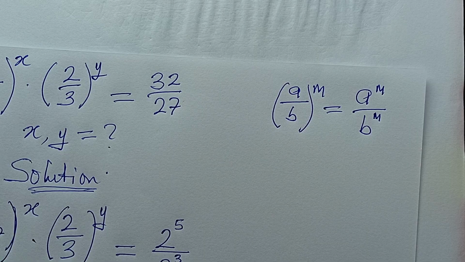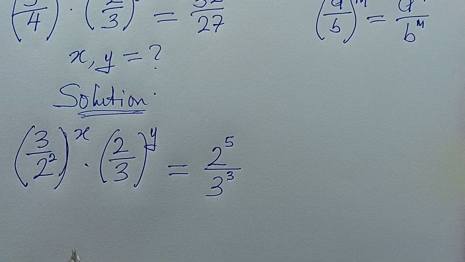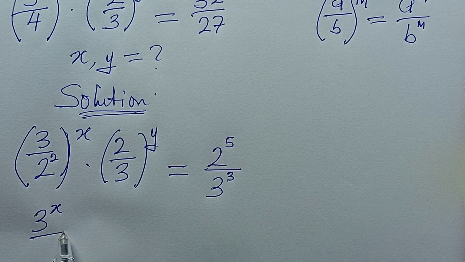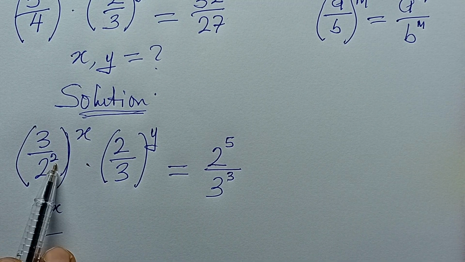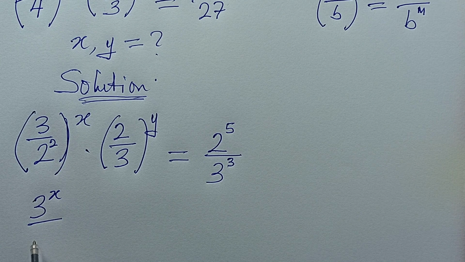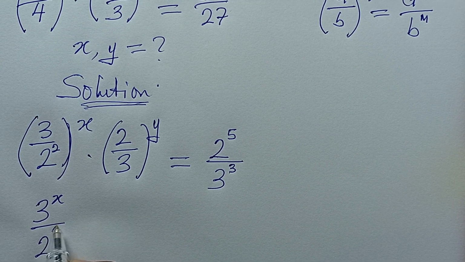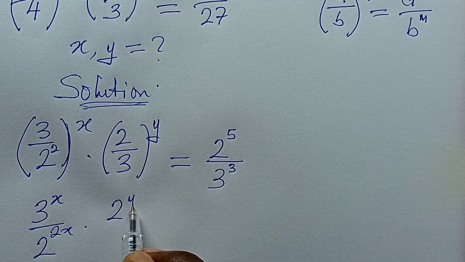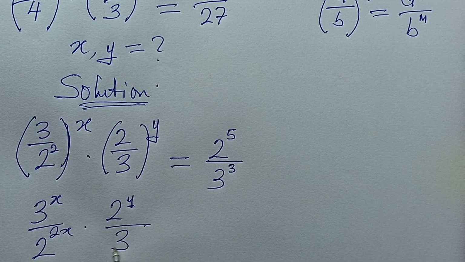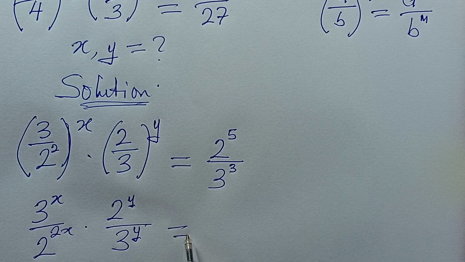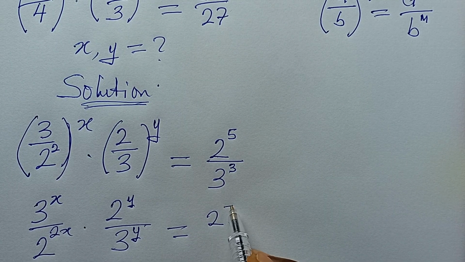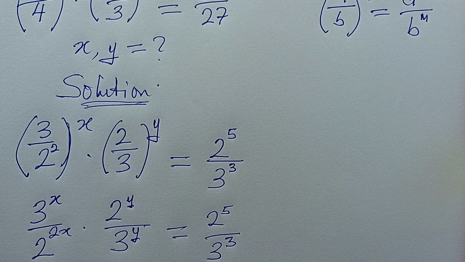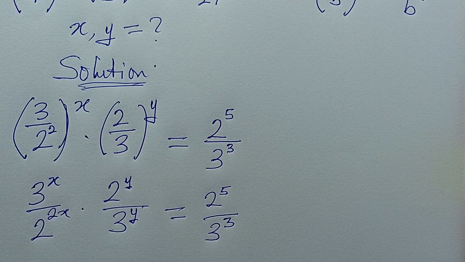And so if we apply this law, then our expression is going to be 3^x over, this is a power, this is a power, so we multiply out to give us (2)^(2x), times 2^y over 3^y. This is equal to 2^5 over 3^3. Simple, right? Good. So let's proceed again.